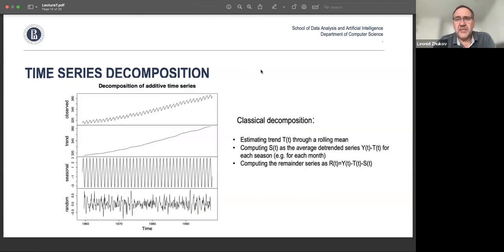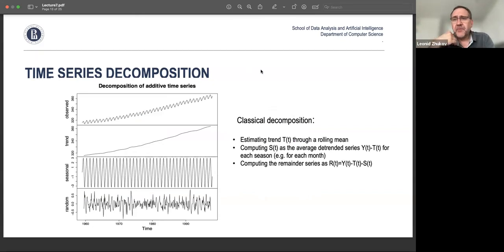So this is a decomposition. That's what decomposition looks like. You start with this observed variable. Then you, for example, estimate the trend through a rolling mean, which is you just sliding a window and taking a mean of that window. You can make it smaller or larger.